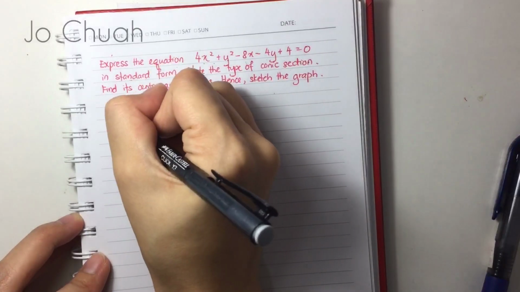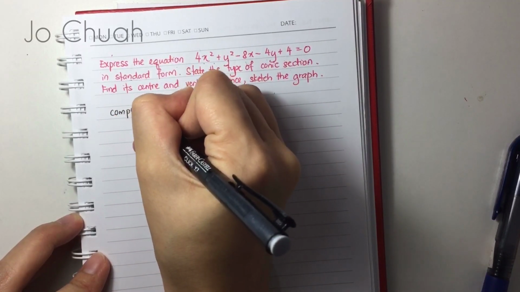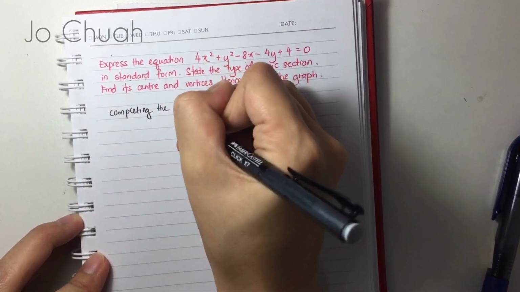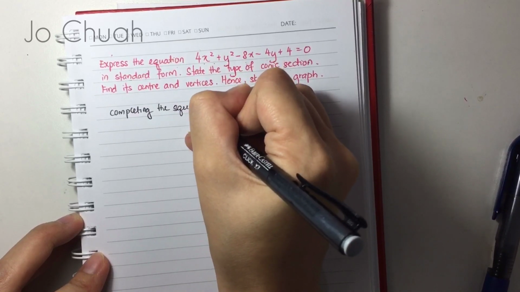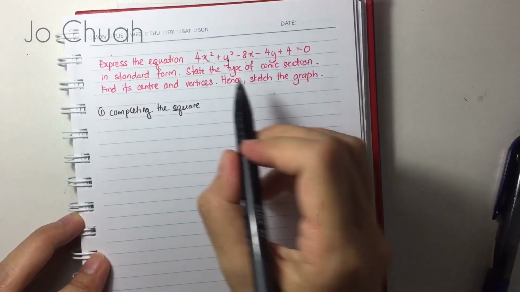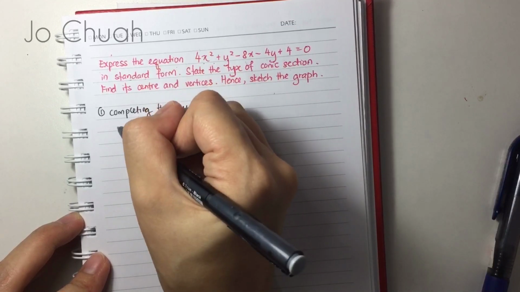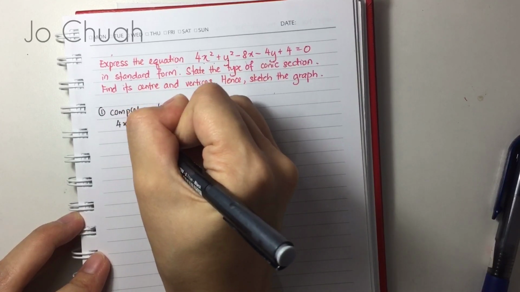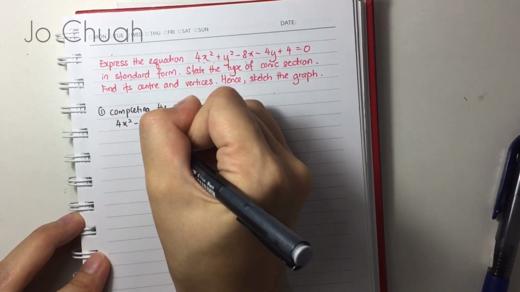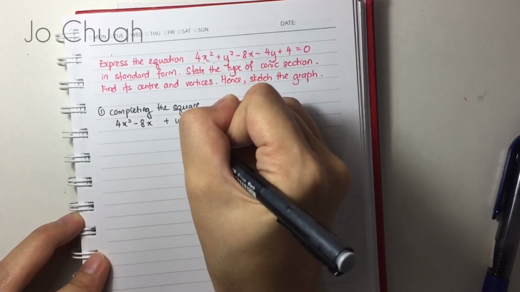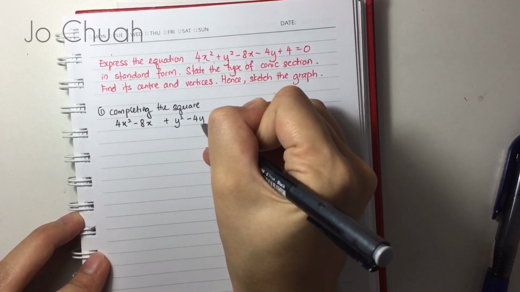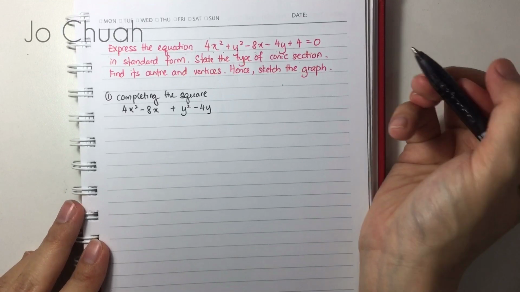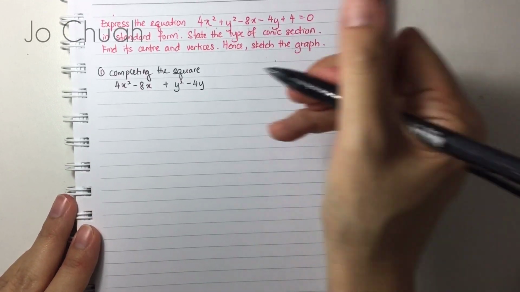You have to do completing the square. That's our first step. So if you want to complete the square, you have to arrange the x together with the x and the y together with the y. Okay, and I'm going to move all the constants to the back.